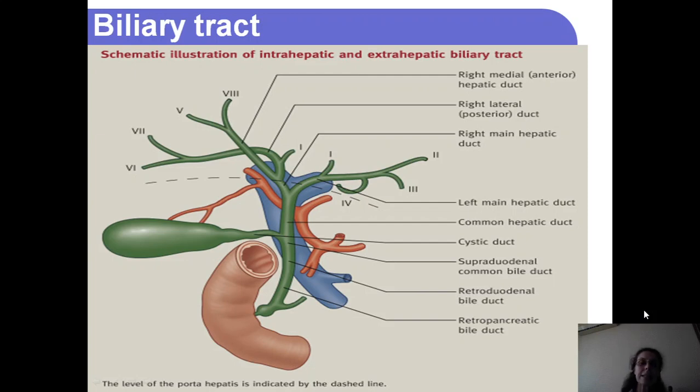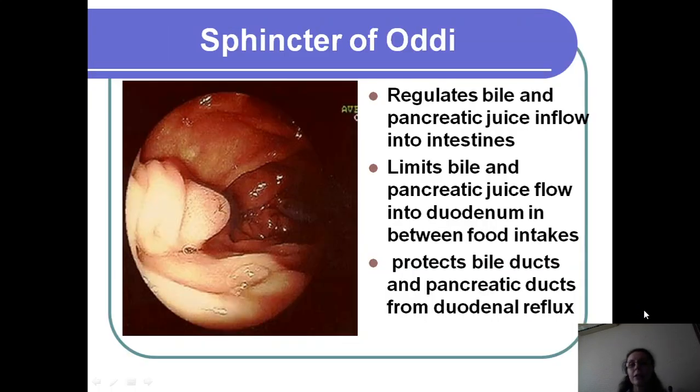Common bile duct falls into the duodenum together with the pancreatic or Wirsung duct, and it's done through a very important muscular sphincter, which is called the sphincter of Oddi. And here, how does the sphincter of Oddi function? What does it do and why is it so important?